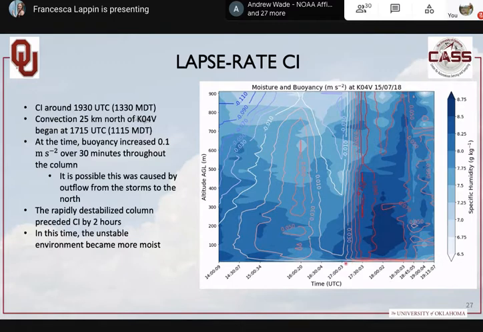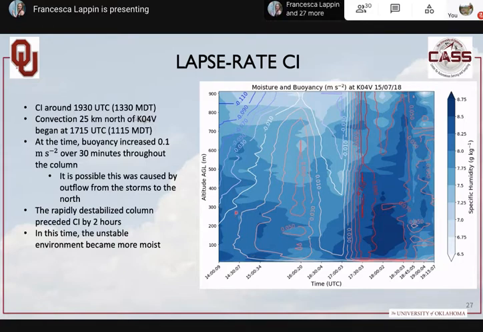And during these 30 minutes, we get buoyancy rapidly increasing, or rapid destabilization of this environment throughout the entire profiling height, the entire 900-meter layer, and it continues to be fairly high for the rest of the flights.